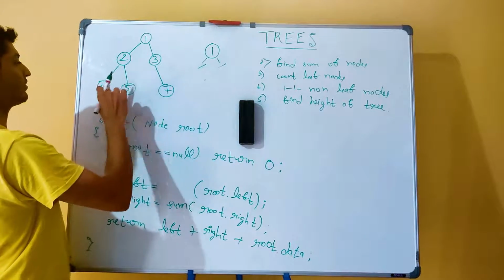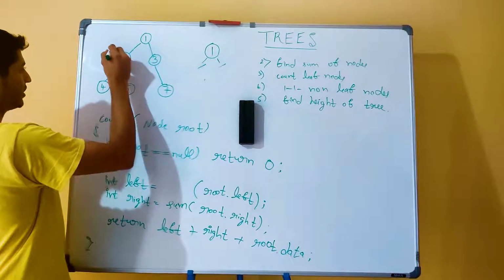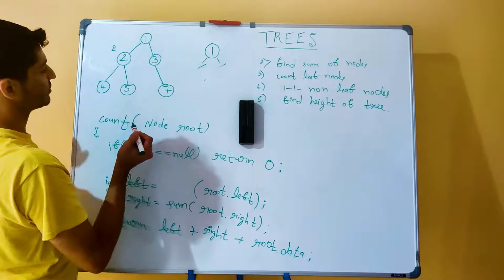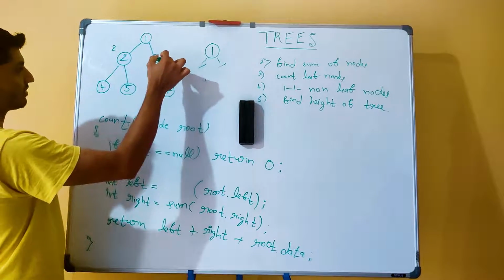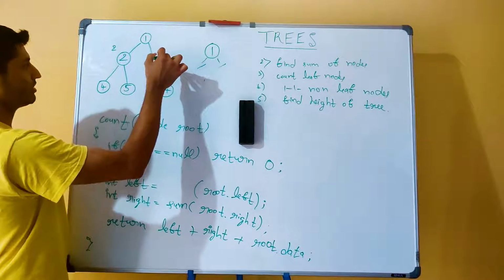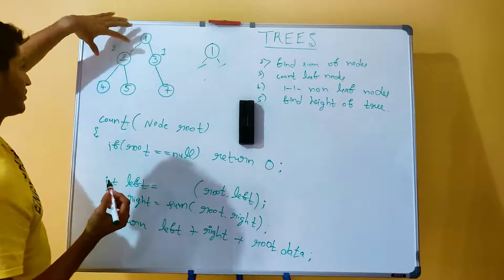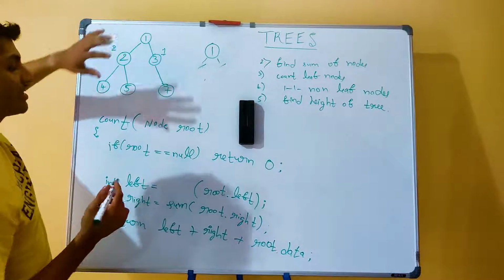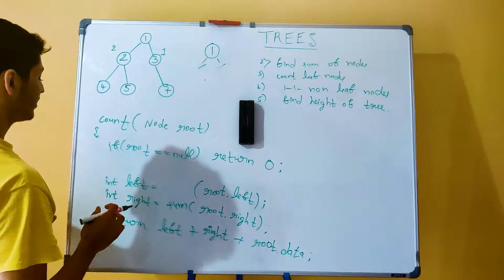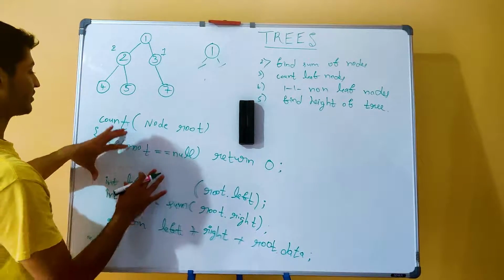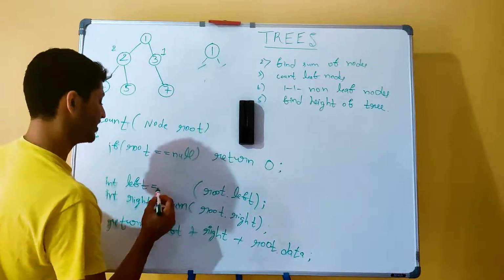Let's say these three are the leaf nodes. Number of leaf nodes in the left subtree is 2. Number of leaf nodes in the right subtree is 1. Now, what is the solution to the whole problem and how can we relate it? That is the only thing that you need to worry about. So assume that your function already gives the solution, just like how we did earlier.